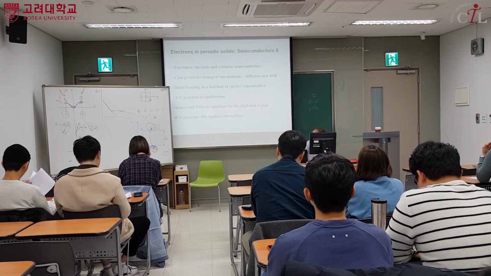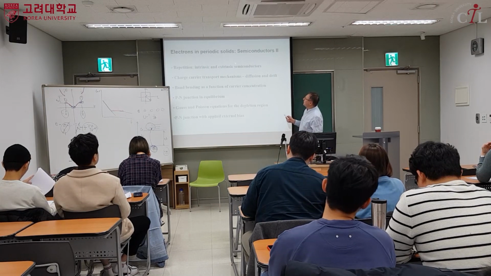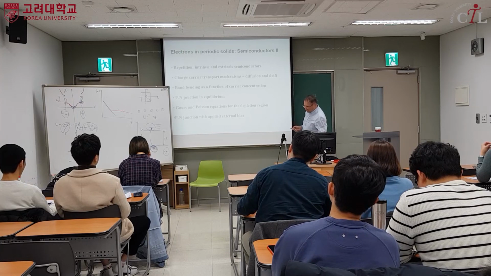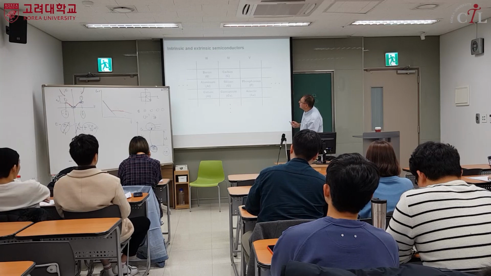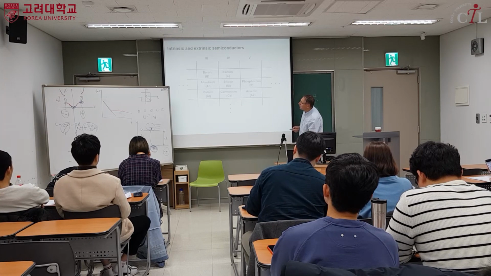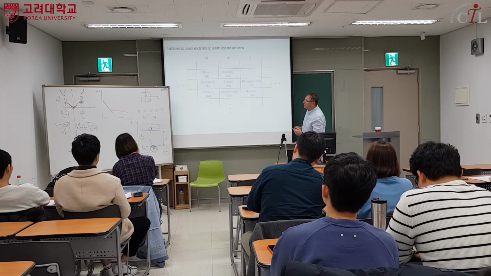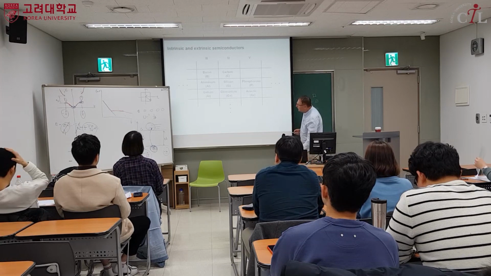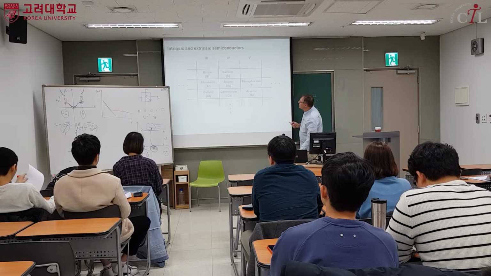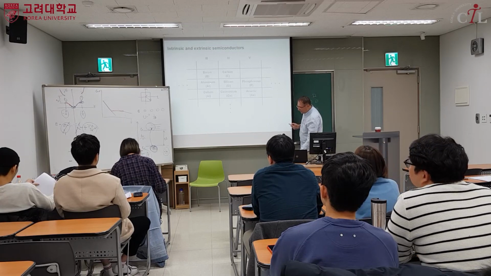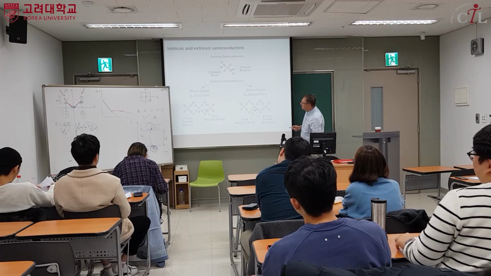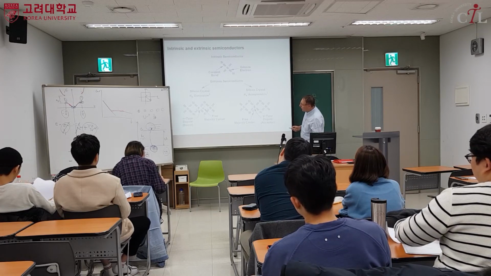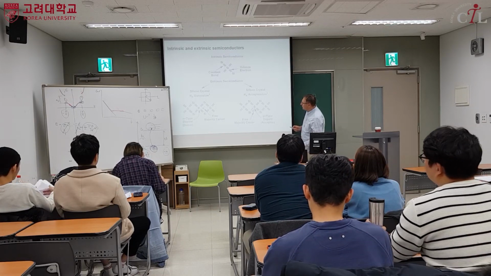So we already started to repeat what the intrinsic and extrinsic carriers are, and what kind of impact they have on electrical properties. So if you have in particular silicon, and we put an atom with an extra electron inside, this is a hydrogen-like atom, correct?